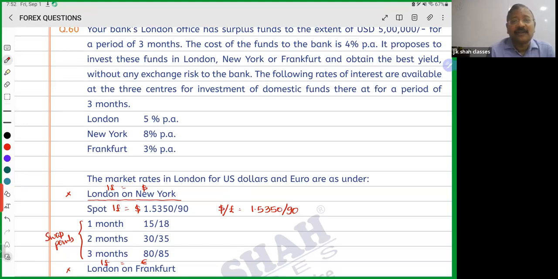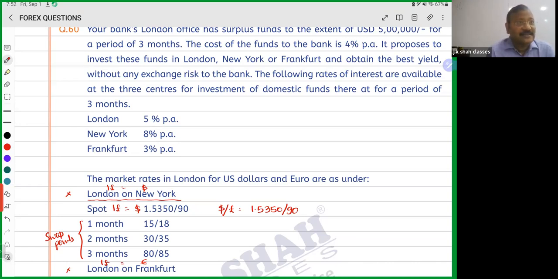Investment at spot and then convert back to pounds in 3 months, Shashank says. Are you understanding what he's saying? Where is your surplus?